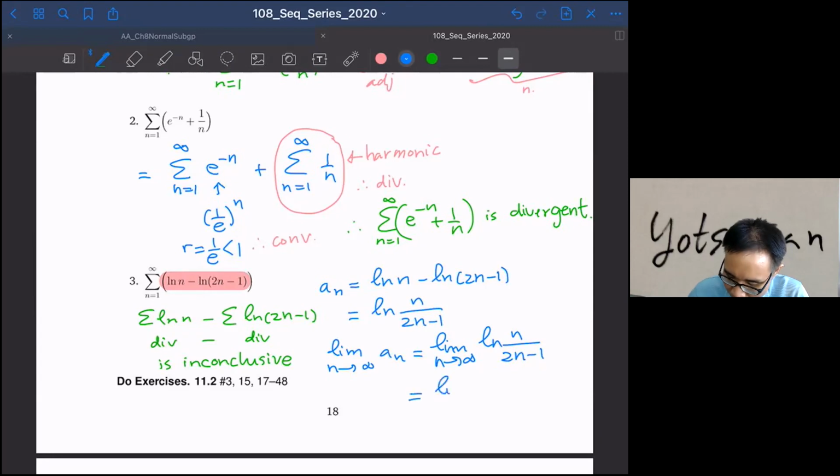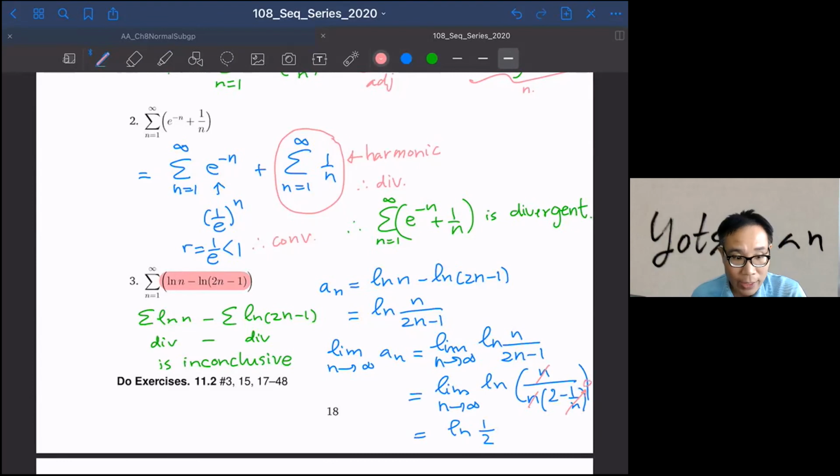This will become the limit of log of 1 over 2 minus 1 over n. So it will be log of 1/2, because 1 over n goes to 0, and it turned out to not equal 0.